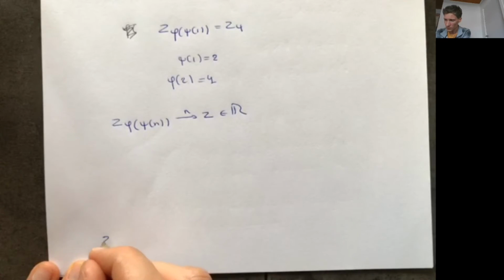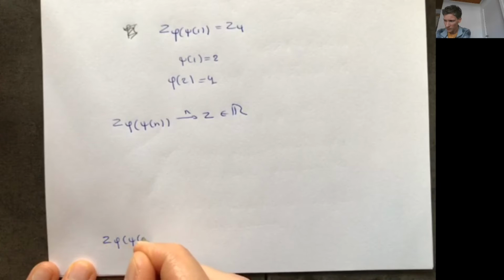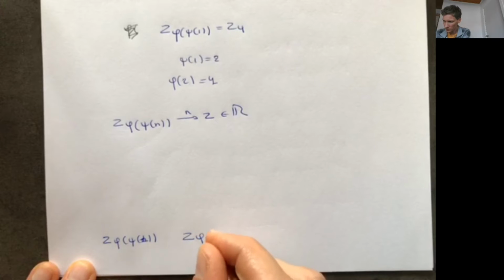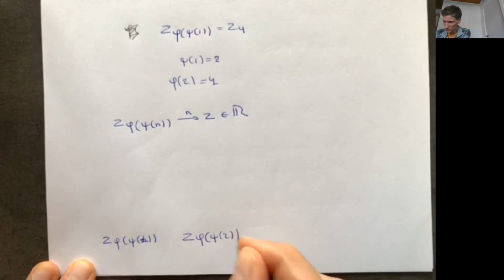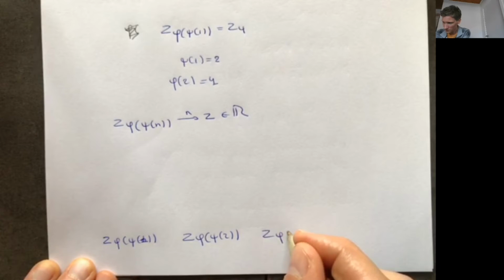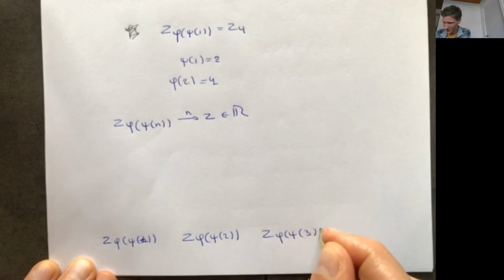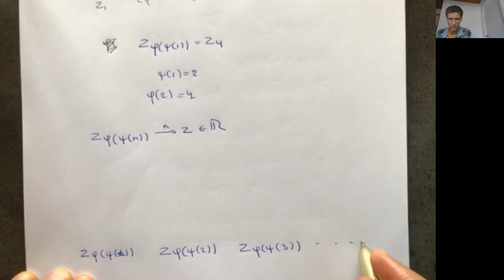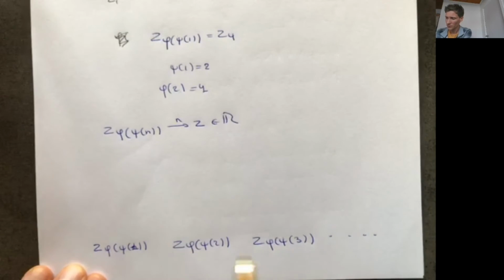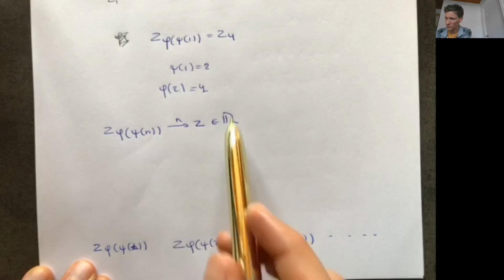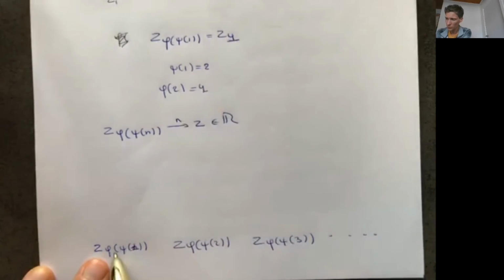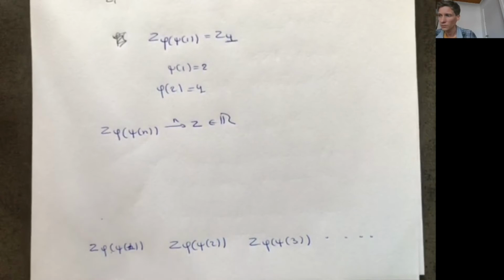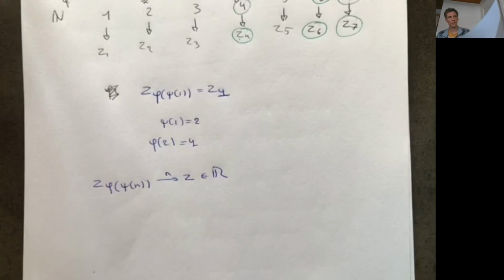So let's look at z of phi of psi of 1. Then we have the second element z of phi of psi of 2, and z of phi of psi of 3. Okay, all the Greek. I didn't study Greek, so I don't know a lot about this. So for every z, for example, if this is the fourth element, we can also look at y of the fourth element. And this, of course, should still be a y that's in the subsequence y of phi.